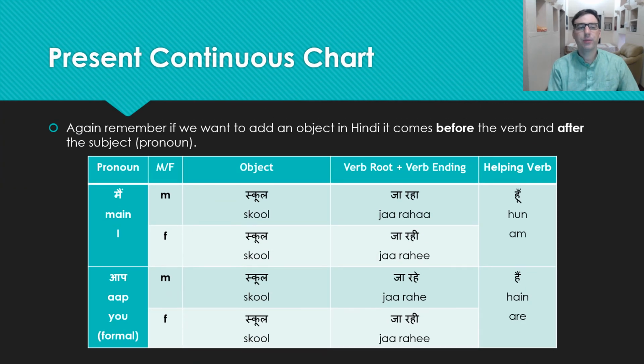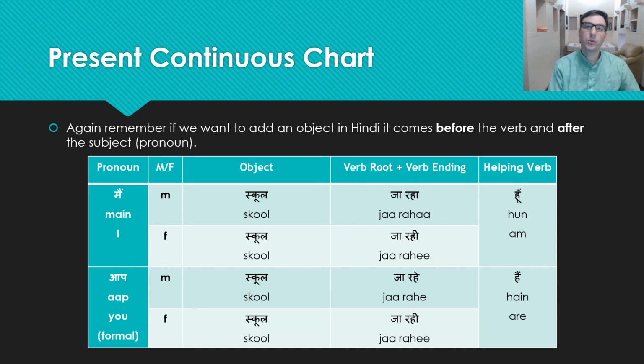So let's quickly remind you again of word order. If we wanted to throw an object into these sentences, the object would come again after the pronoun and before the verb. So to create a sentence in this tense, we would say मैं school जा रहा हूँ. I am going to school if I were speaking as a man. मैं school जा रही हूँ.